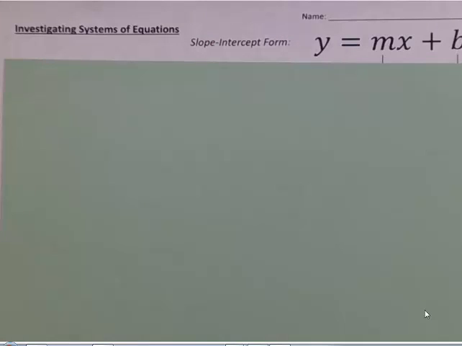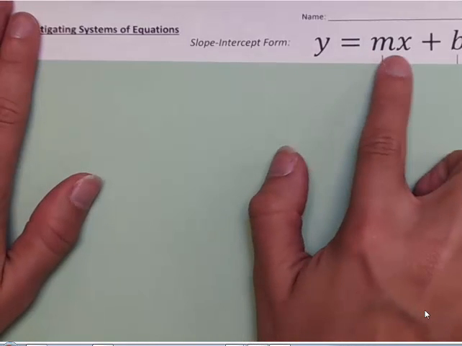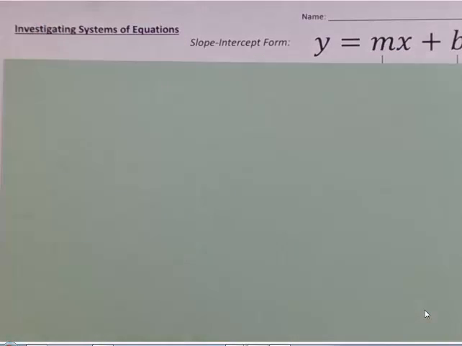Okay, now I want to talk about investigating systems of equations. First of all, I have to make sure that all of my equations are going to be linear. So I need to have a really good understanding of my slope-intercept form. We've talked about it before, but slope-intercept form is y equals mx plus b. What does the m represent, and what does the b represent? Go ahead and take time to fill those out.